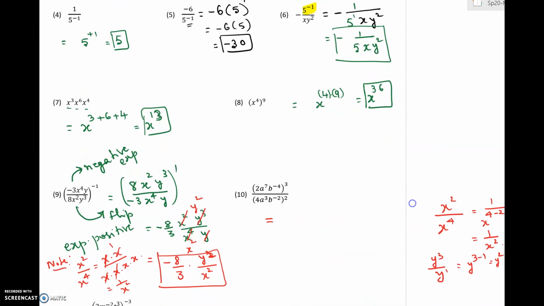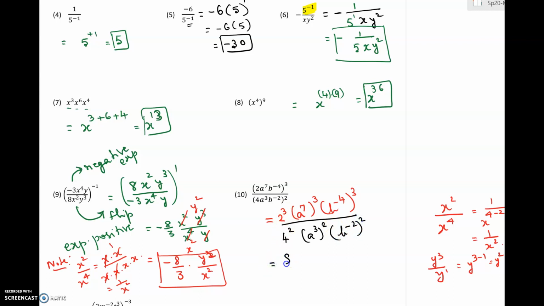We are going to use that here. It is 2 cubed: raise everything to the power 3 on the numerator, a to the power 7 cubed, b to the power negative 4 cubed, then divided by 4 squared, a cubed squared, b to the power negative 2 squared.